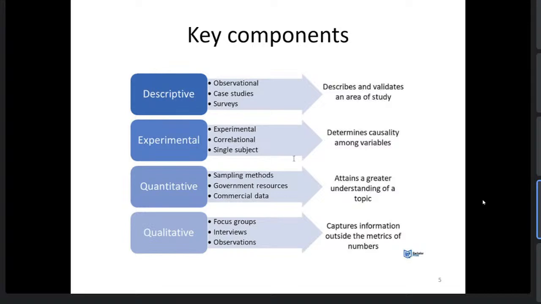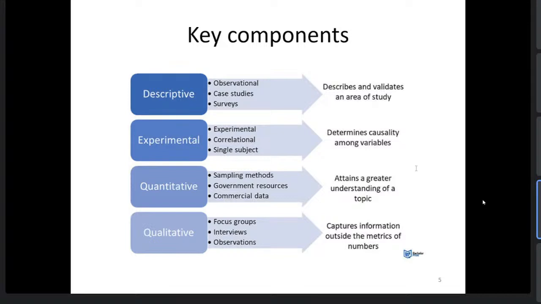Also there is quantitative research, where we need to use sampling methods. We may need some commercial data like share market analysis, and there are some other examples.